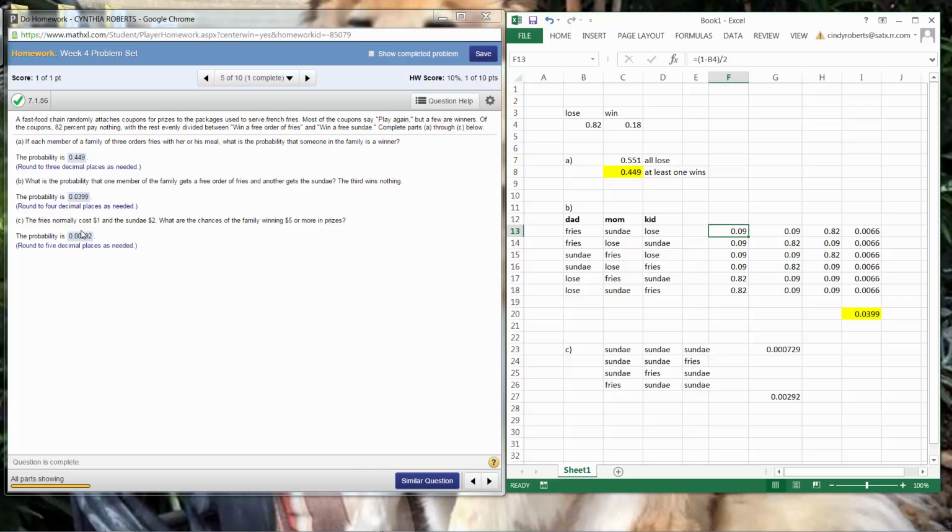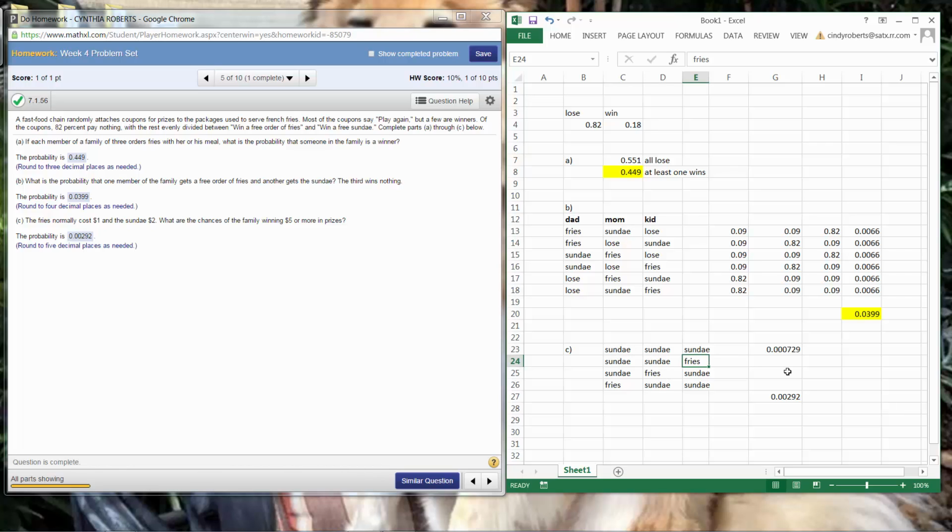So then the last one says the fries normally cost $1 and the sundae costs $2. What are the chances of the family winning $5 or more? So if they got a sundae and the sundae's $2, that'd be 2, 4, 6. Sundae, 2, 4, and then fries $1, 1.